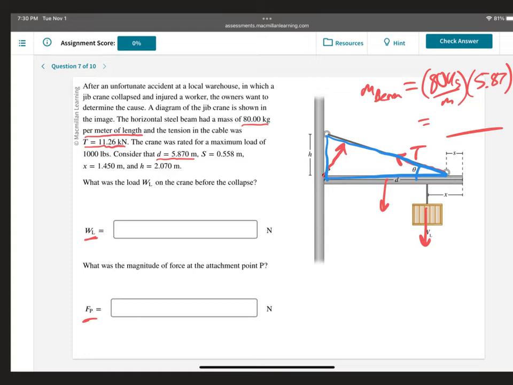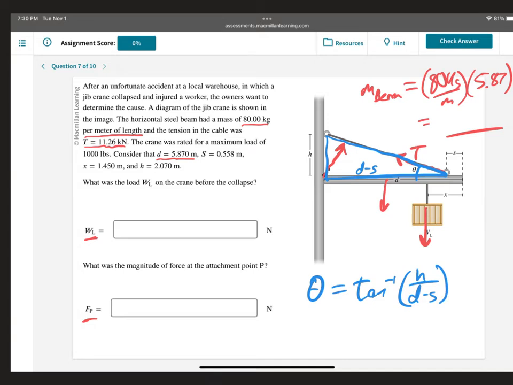The bottom part, though, you'd be tempted to use d, whatever the given value for d is, but it isn't, because the cable doesn't go all the way till the end. So that bottom side of the triangle is d minus s. So to find theta, we have the opposite, which is h, and the adjacent, which is d minus s. So we're going to use the inverse tangent of the opposite over the adjacent.